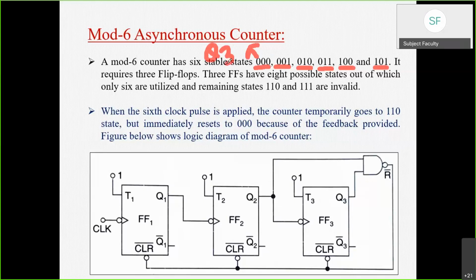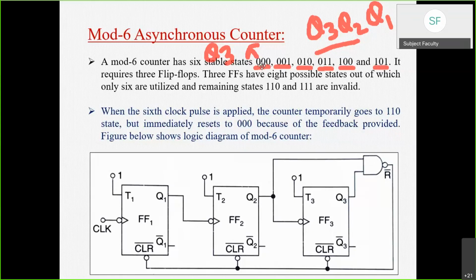This sequence is Q3, then Q2, then Q1. But we are interested in Q3 and Q2 only, because Q3 and Q2 are the inputs of this NAND gate. So if you observe, for all these 6 states, either Q3 or Q2 will be 0.